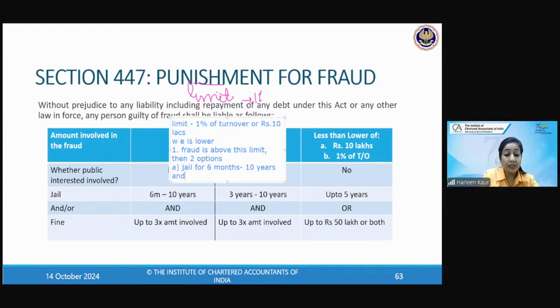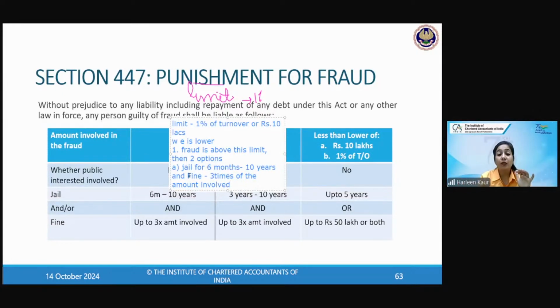And, very important, it is both: there will be a jail from 6 months to 10 years and a fine which is 3 times the amount of the fraud. If the fraud is 1 lakh, 3 lakh. If the fraud is 3 lakh, 3 threes are 9 lakh. 3 times the amount involved will be the penalty that you have to pay.